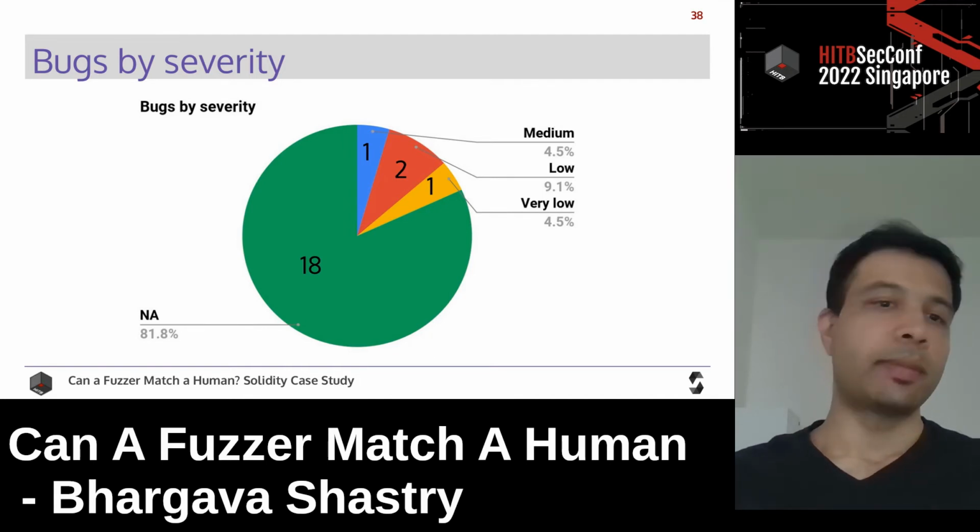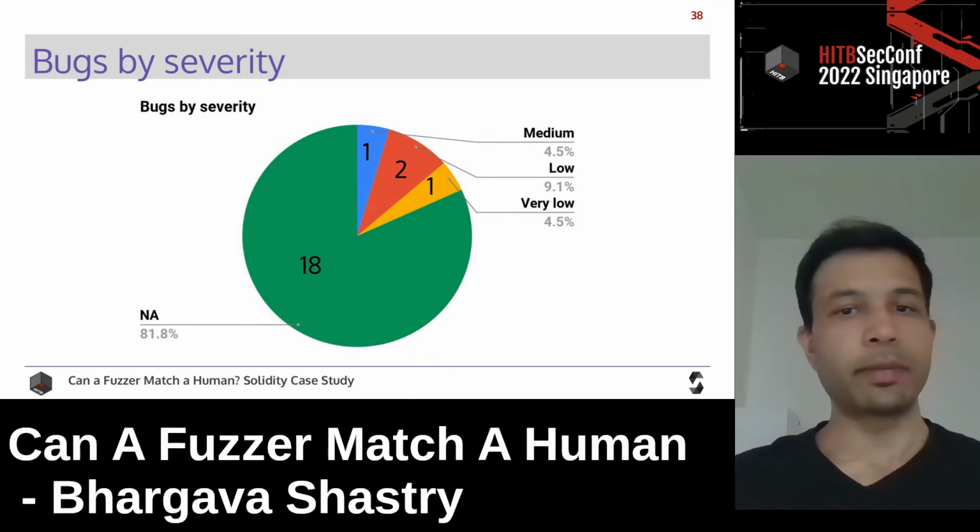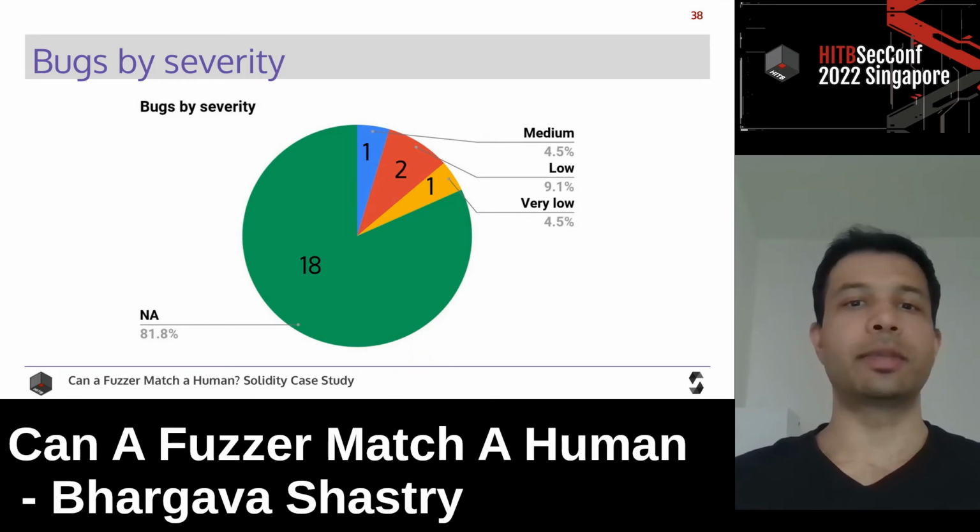And the reason the majority of the bugs, more than 80%, are not applicable severity is that these bugs were found in experimental features, and by definition, we did not categorize bugs in these experimental features as security critical because they're not marked for production use.